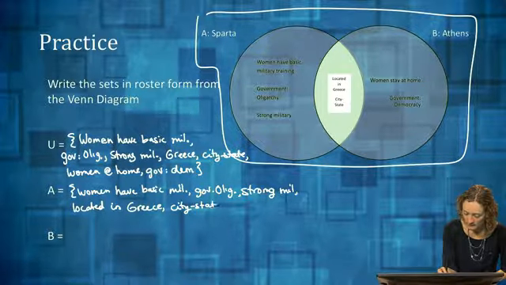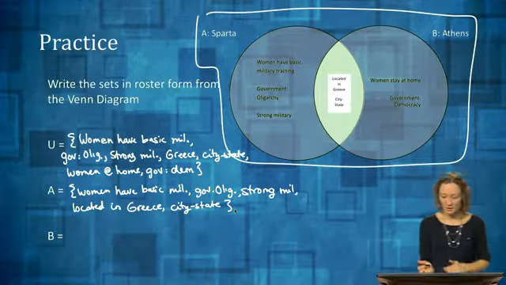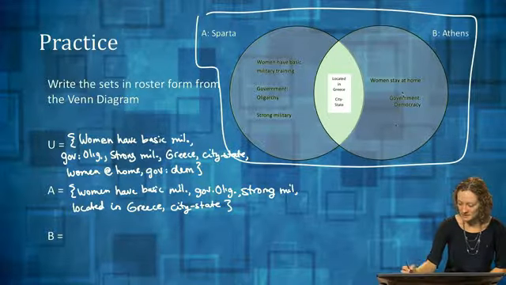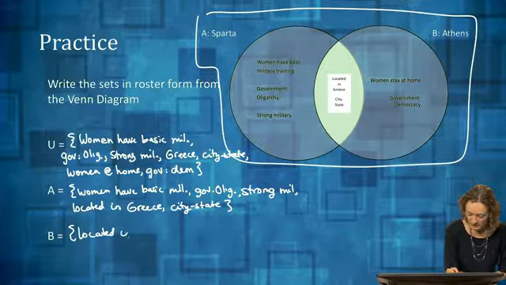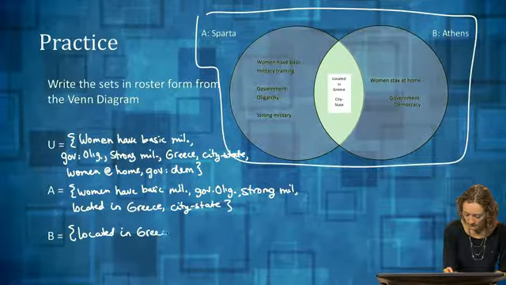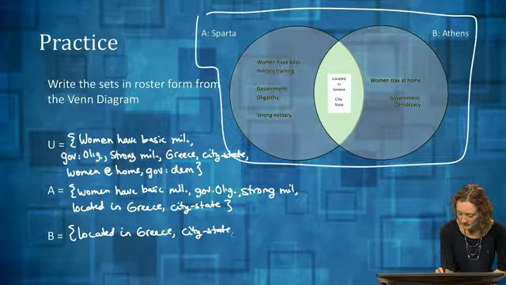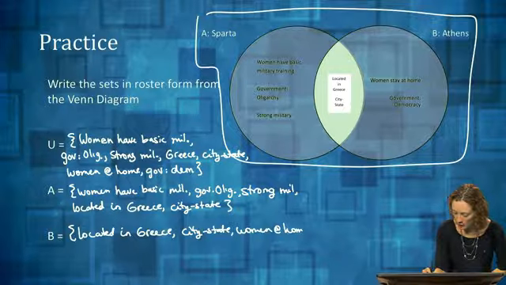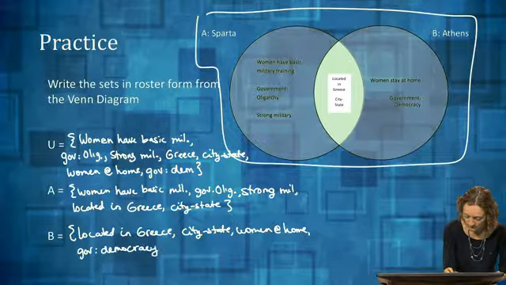Compared to set B, which is all the items for Athens, would contain these 4 elements. Located in Greece, city-state, women at home, and the government is a democracy.